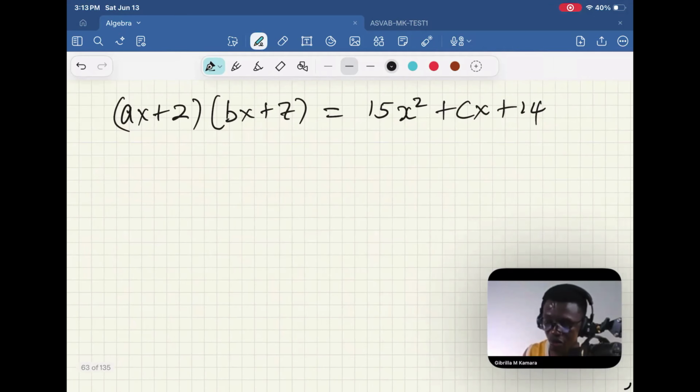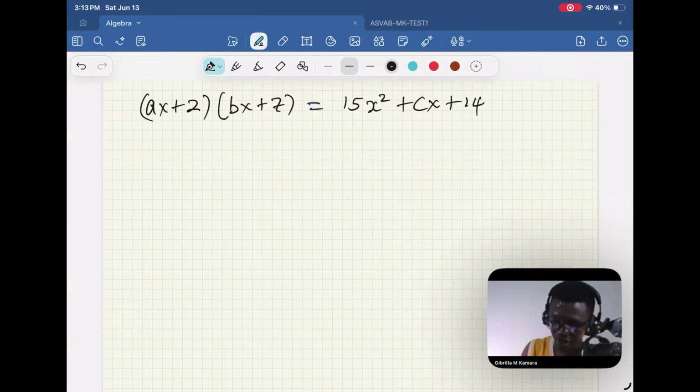So this is the question, and we are given a + b = 8. Fine, so let's keep all of that. But the first thing I want us to do is to expand this bracket.